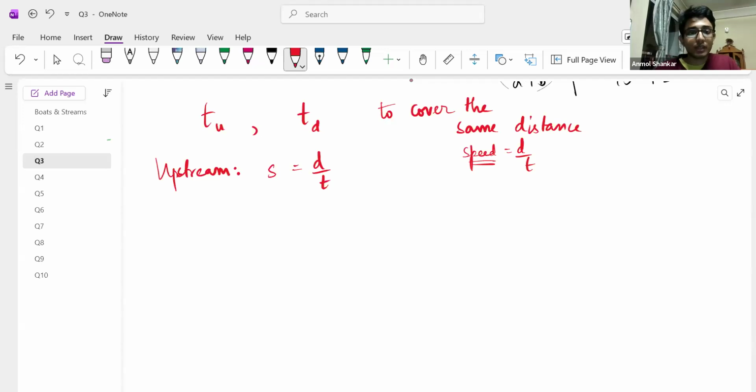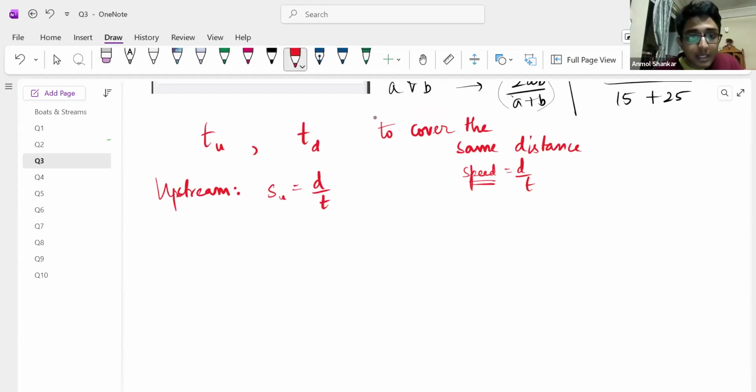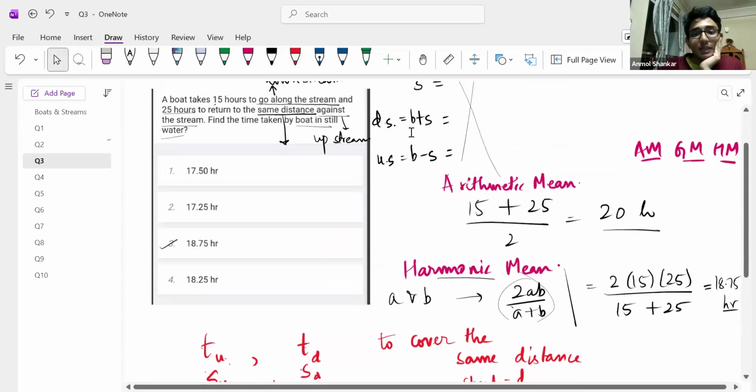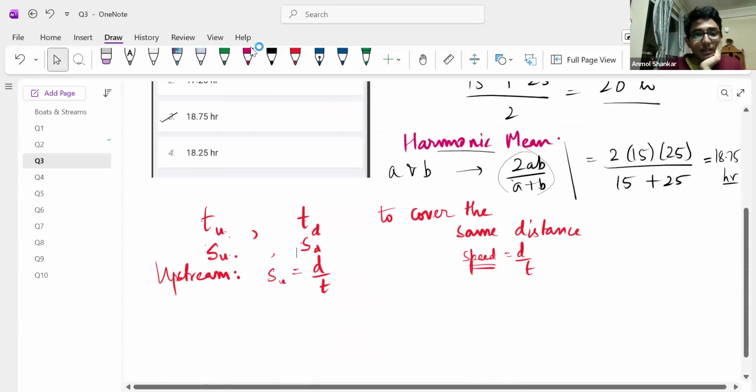சொல்லுங்க. Upstream speed, everything is in terms of b and s, இல்லையா? So let us say இது வந்து upstream speed and time upstream time. இதுக்கு வந்து TD னா downstream time, SD னா downstream speed, yeah, and இது வந்து we know is b plus s and b minus s.